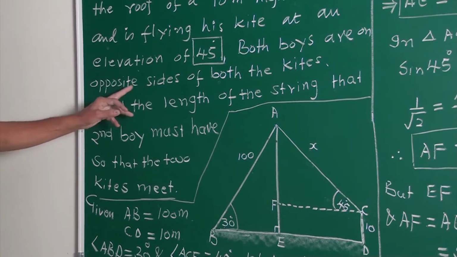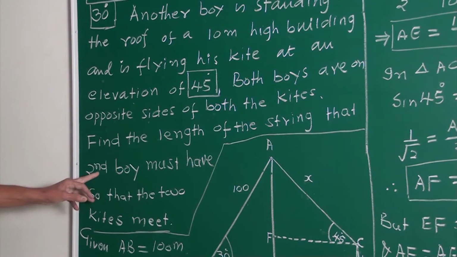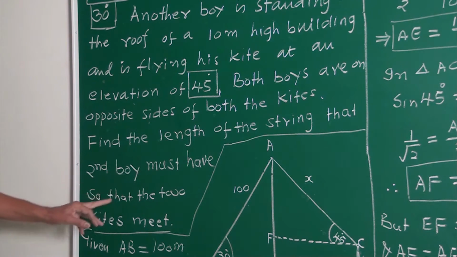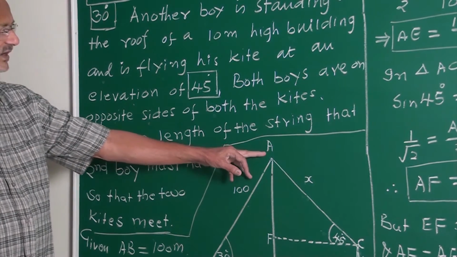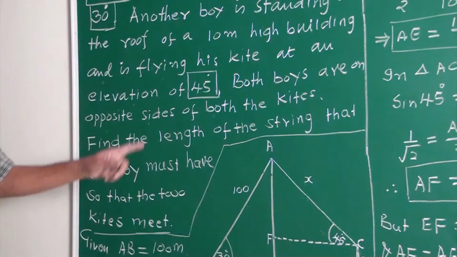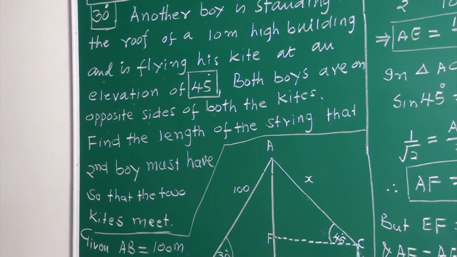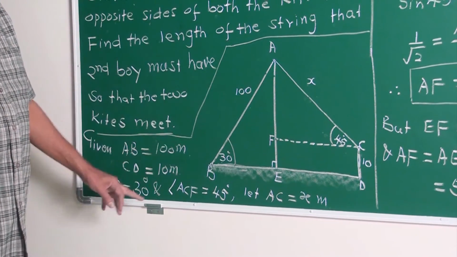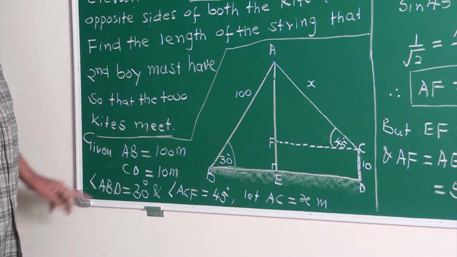Both boys are on opposite sides of the kites. Find the length of the string that the second boy, C, must have so that the two kites meet. You have to find the value of x. Let AB equal 100 meters, that is the length of the string.